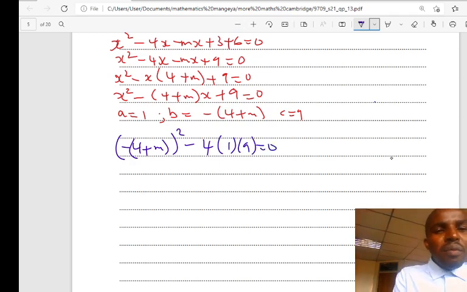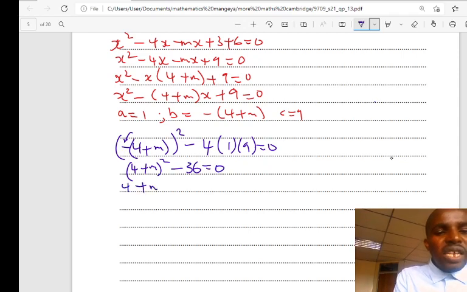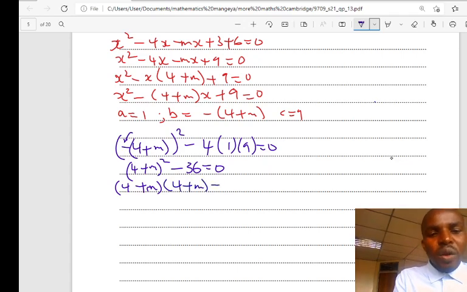Then it will be minus. If you square the minus sign here, it will be a plus. So we'll be left with 4 plus m squared minus 4 times 1 times 9 is 36, is equal to 0. Then this one you can simplify, expand this bracket. It's 4 plus m twice, minus 36 is equal to 0.